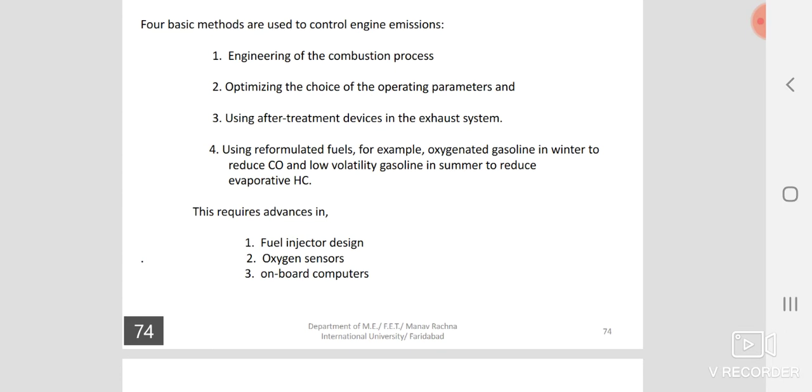This requires advances in fuel injector design. Very important, fuel injector design. You can design the fuel injector in case of CI engine in different ways, or you can place the spark ignition points, where the ignition happens.